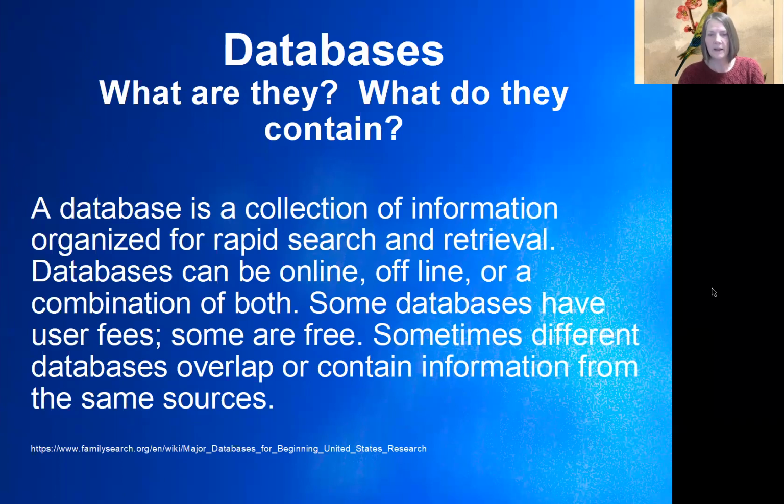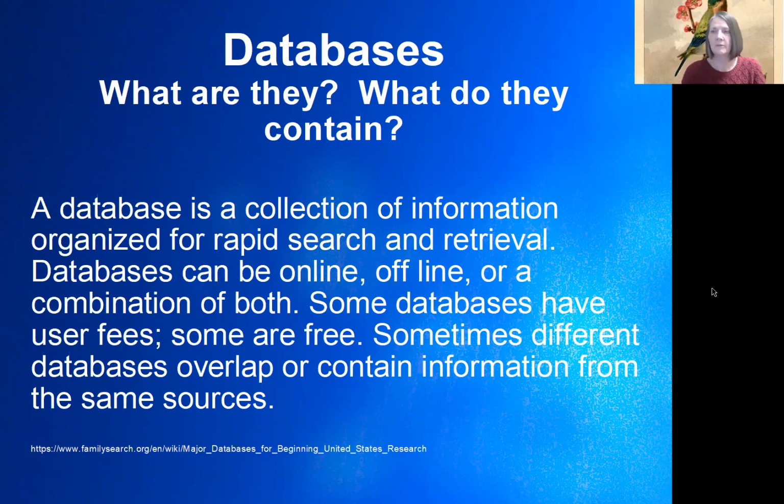They can be online, they can be offline. You can have a database on your own computer if you keep track of certain things that you want to keep track of. You can have a combination online and offline. So some things are not online. Some databases have user fees, some are free to use online. Sometimes different databases can have the same information as other databases.